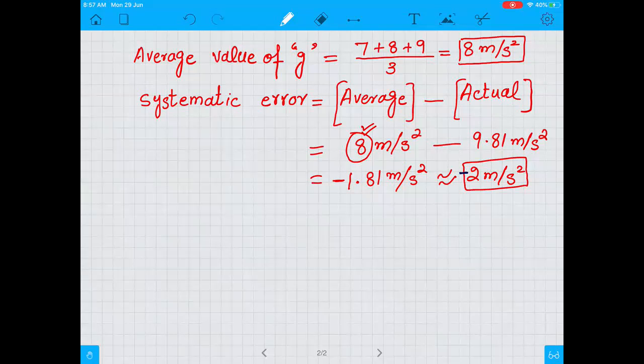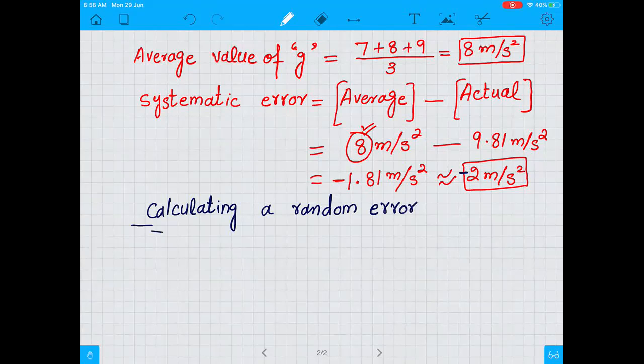Now what about random error? Calculating random error. No method to calculate the random error.